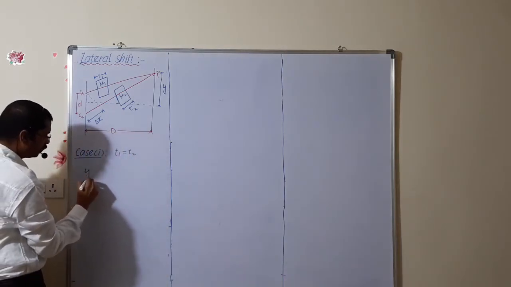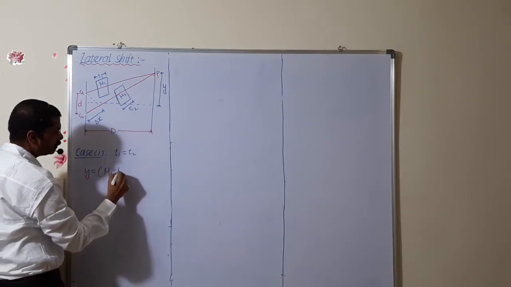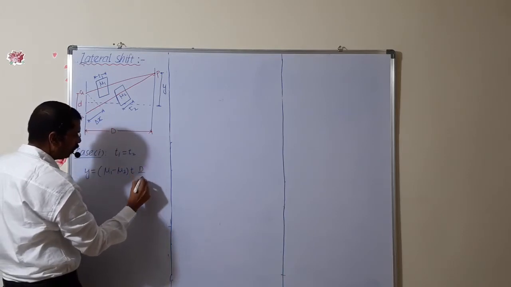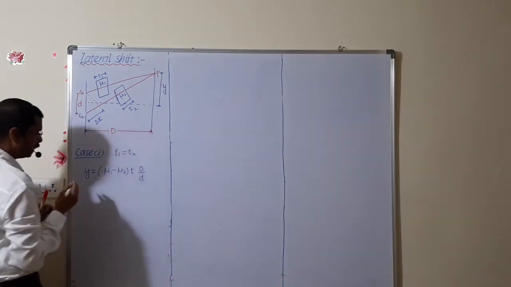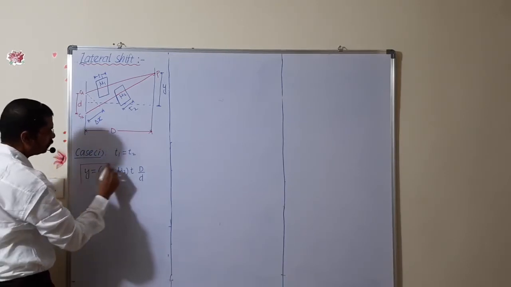The lateral shift Y is equal to the formula (mu1 minus mu2) T into capital D upon small d. It is a lateral shift in terms of capital D and small d.